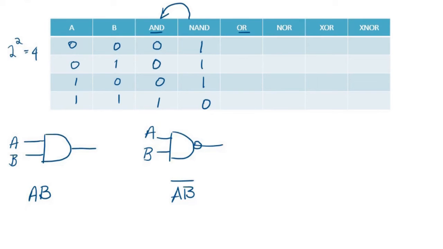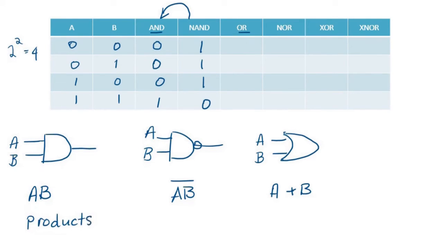All right, let's have a look at OR next. What does OR look like? We have 2 inputs called A and B. NOR is just a little bit curvier. It's more or less an OR gate. OR looks like this, A plus B. When we think of AND, we think of products. And when we think of OR, we think of sums.